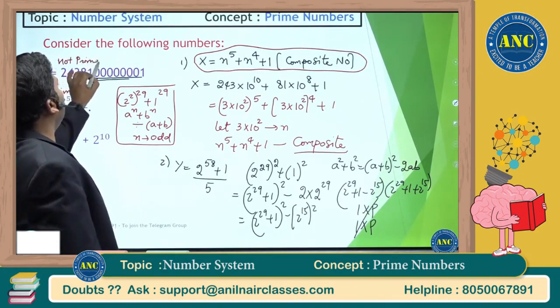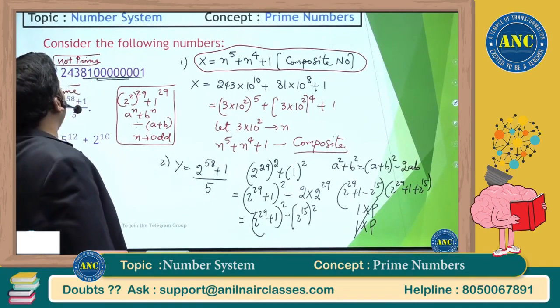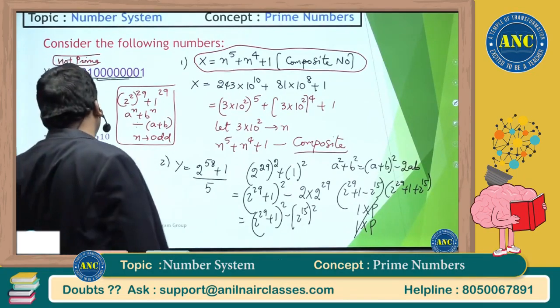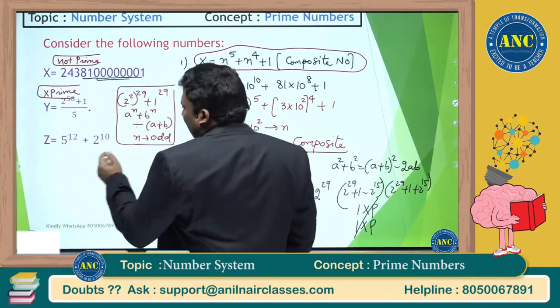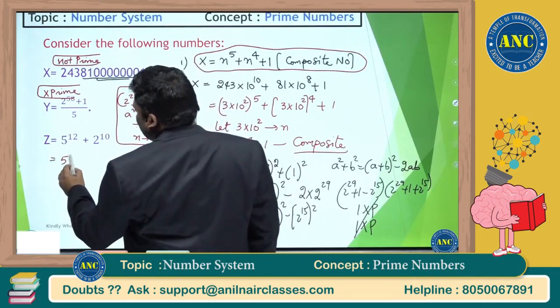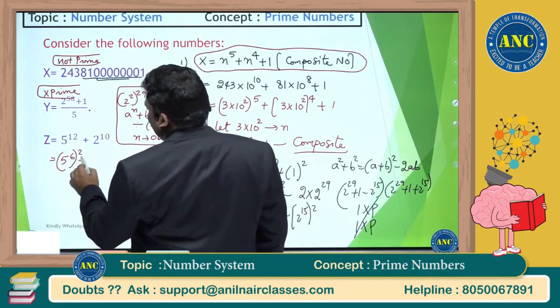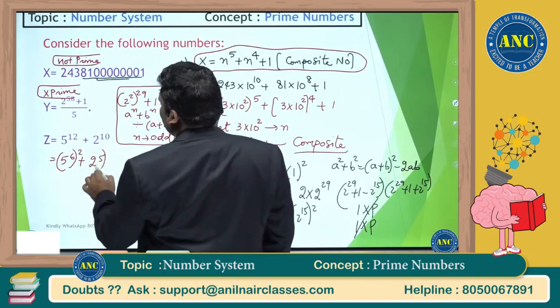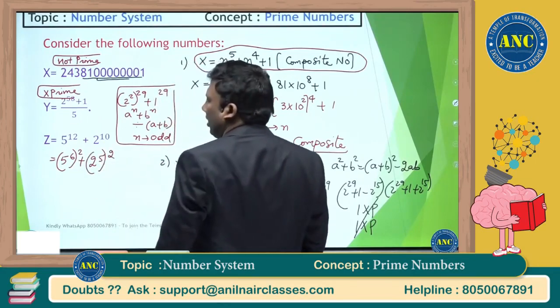Once you understand X is not prime and Y is not prime, Z, if you observe closely, it is 5 power 6 whole square plus 2 power 5 whole square. Now the same logic you can apply.